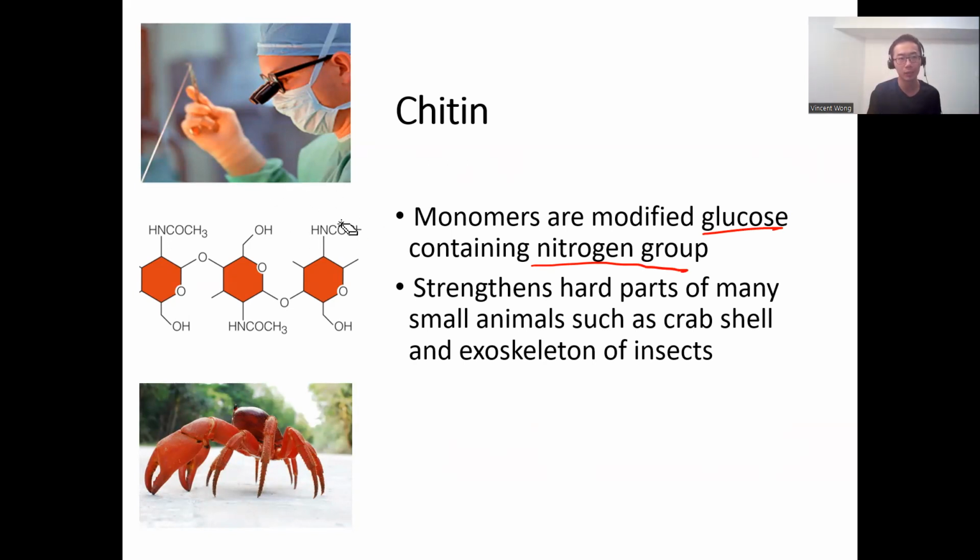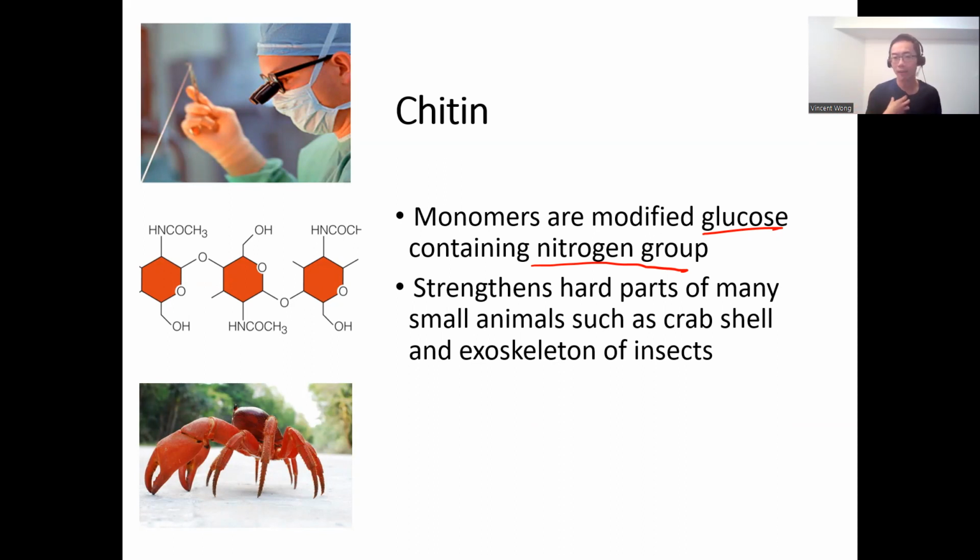You don't have to really know the details, but this is really strong. That is the stuff that creates the exoskeleton, the shell of insects as well as of crustaceans, like crabs, lobsters, shrimp, the hard part of it. That's made up of chitin.